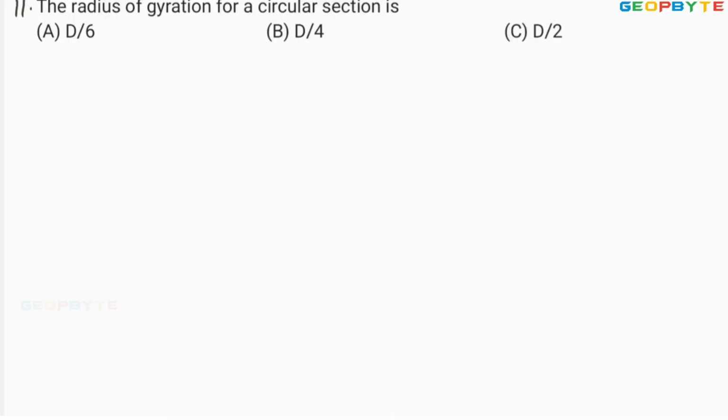Look at the 11th problem. The radius of gyration of a circular section. It is not for radius of curvature; it is the radius of gyration.